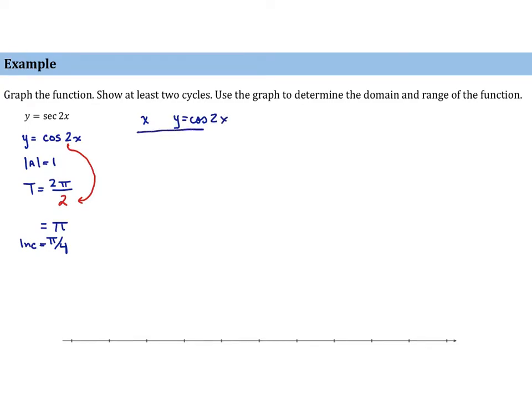And if we remember, our increment is our period divided by 4. So let's make a table of values. We have 0, and we'll work with our increment, adding pi over 4 each time.